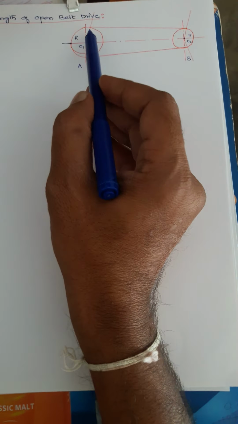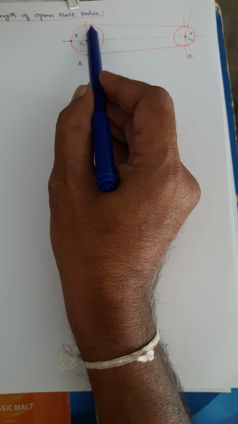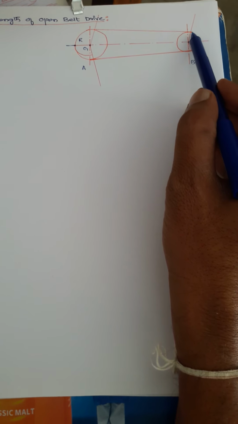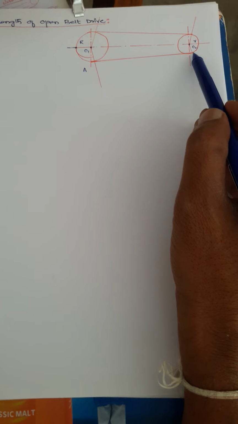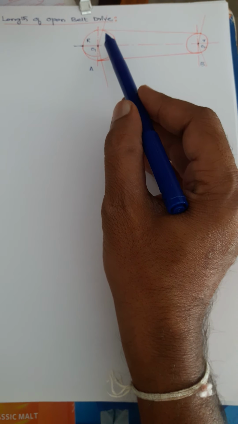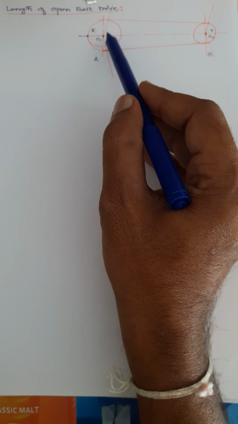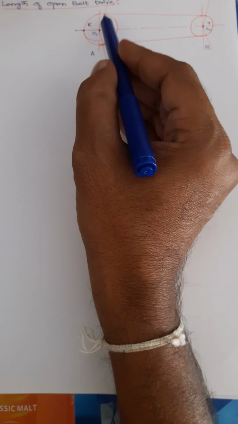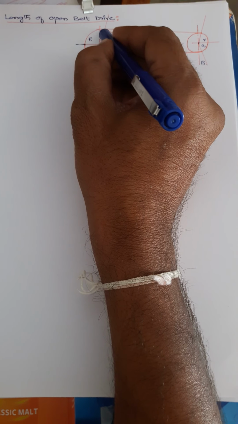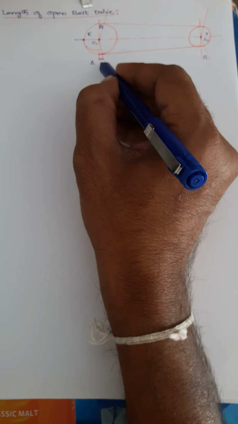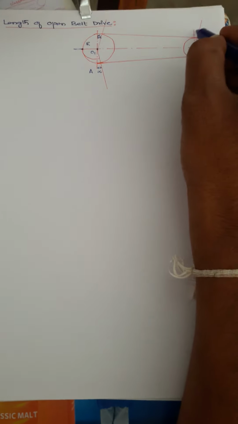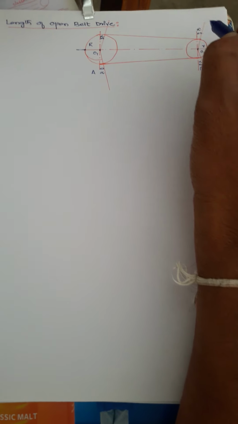Here you can see the belt touches up to this particular point for this pulley, and touches at this particular point, and here also it is leaving at this point. This angle is denoted as alpha, and here also this is alpha, and here also it is alpha, this is also alpha.